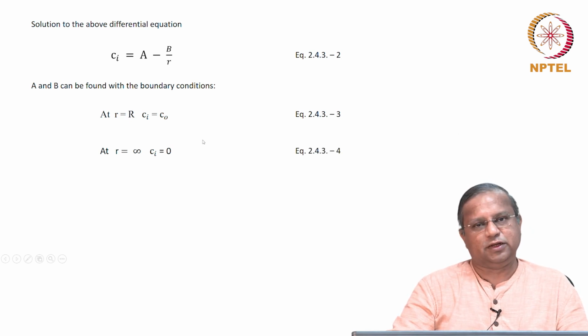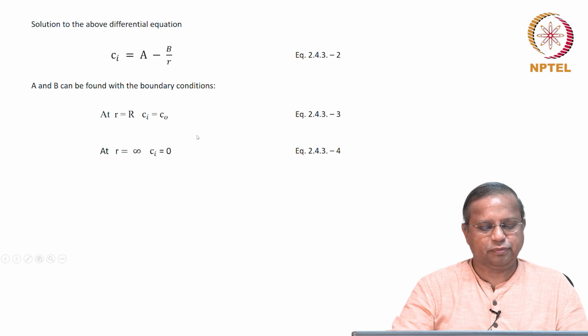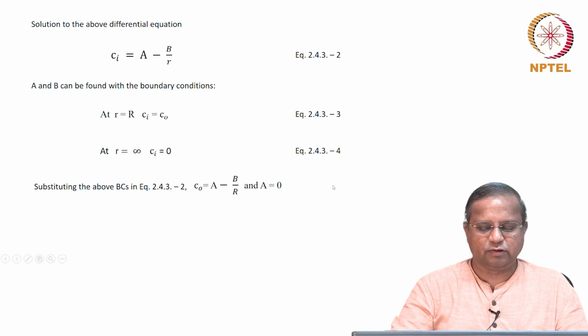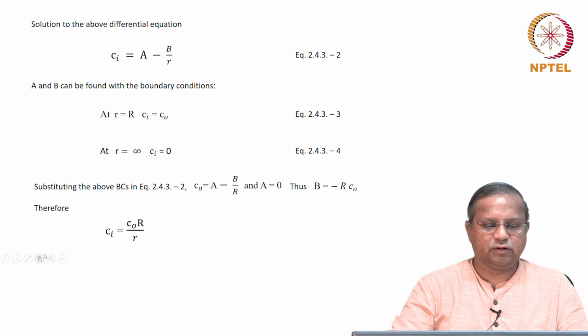Equation 2.4.3-4. If you substitute the above boundary conditions into this, we would get C_0 equals a minus b by R, and a equals 0, and therefore, b equals minus R C_0, and therefore, we get C_i equals a simple C_0 R by r.